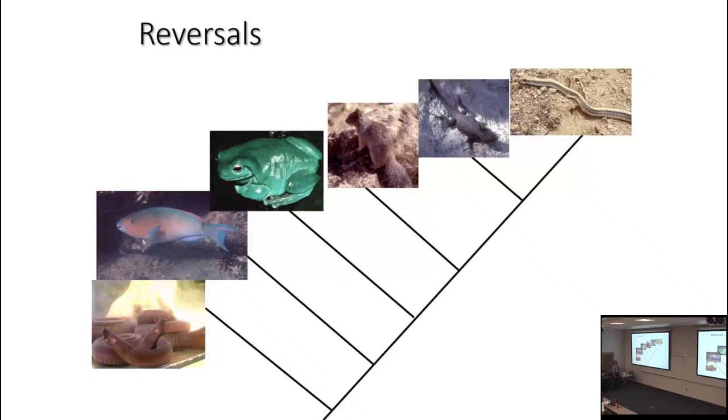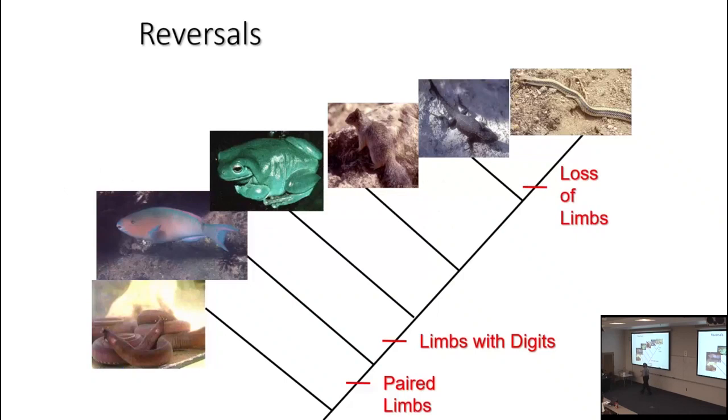So if you look at these modern vertebrates here, we see that hagfish don't have any sort of limb, neither fin nor limb with digits. And we see that the land vertebrates have limbs with digits, except for snakes. Snakes don't have limbs, and consequently they don't have fingers and toes.